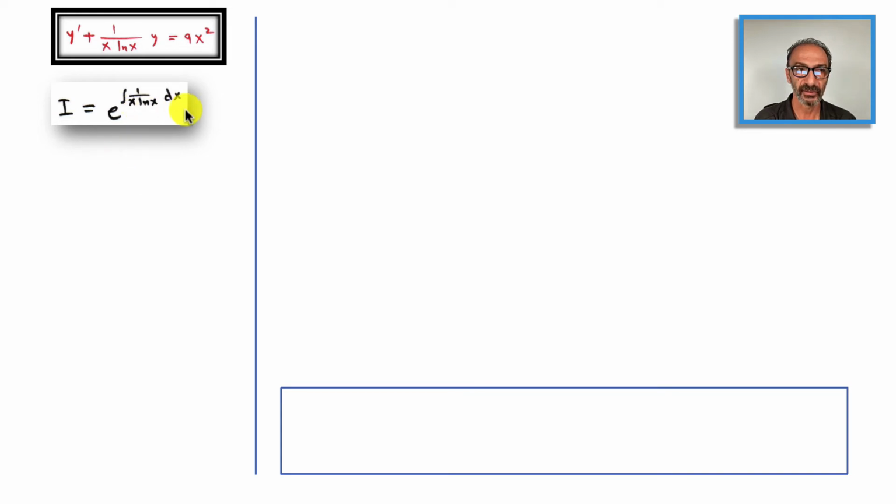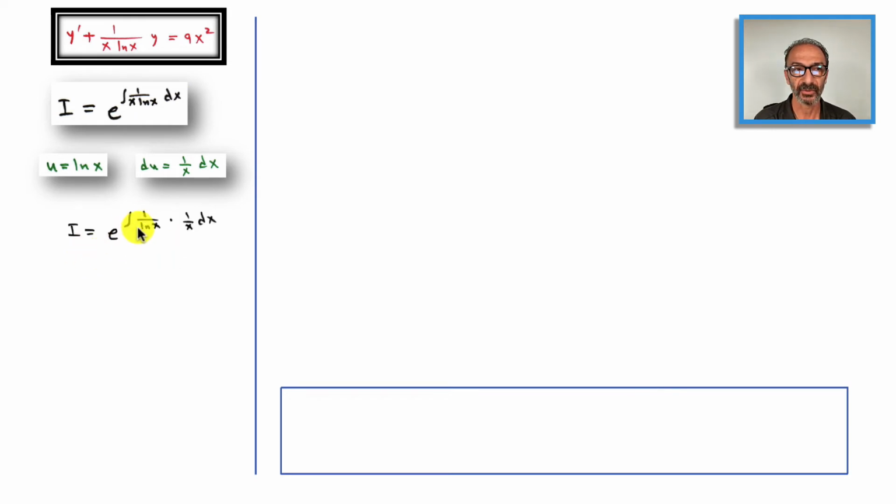For this integral, we're going to use u substitution. So we're going to call u equals ln x, just these two right here, ln x. The reason why: the derivative of u will be 1 over x dx, which becomes handy. Let's go back to the problem.